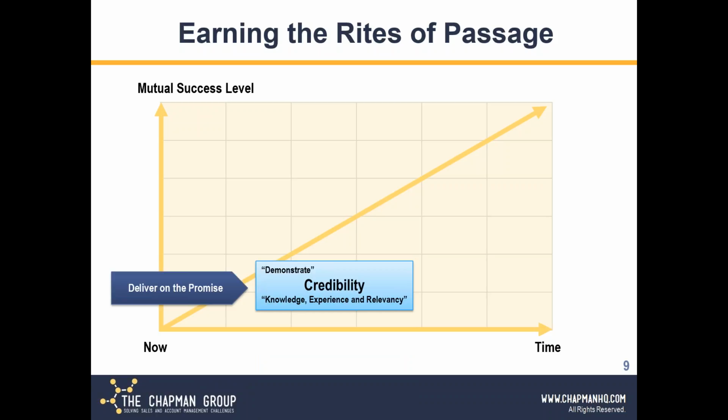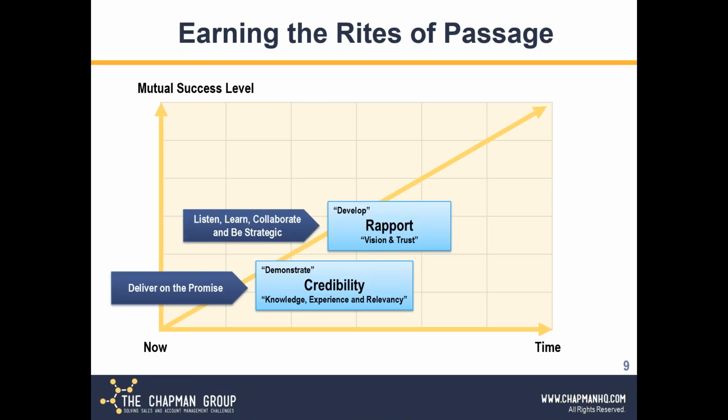I've got to deliver on the promise that my entire team I work with at my customer, I've got to have the credibility and they believe in our knowledge, our experience, and relevancy. I've got to first deliver on the promise. The second part of my journey is I've got to develop that rapport, that vision and trust. And I do that by listening, learning, and collaborating and being strategic.